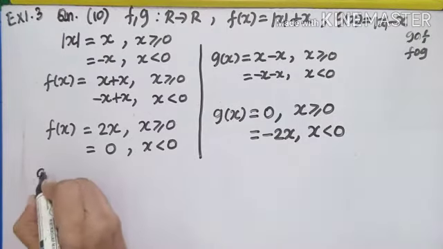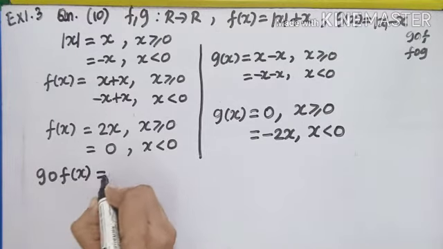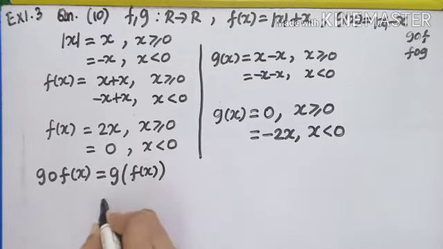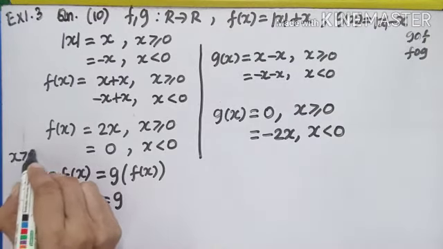What is my question? I want to find out g composition f of x, that is g of f of x. Keep g as it is. Let me say now x is positive.